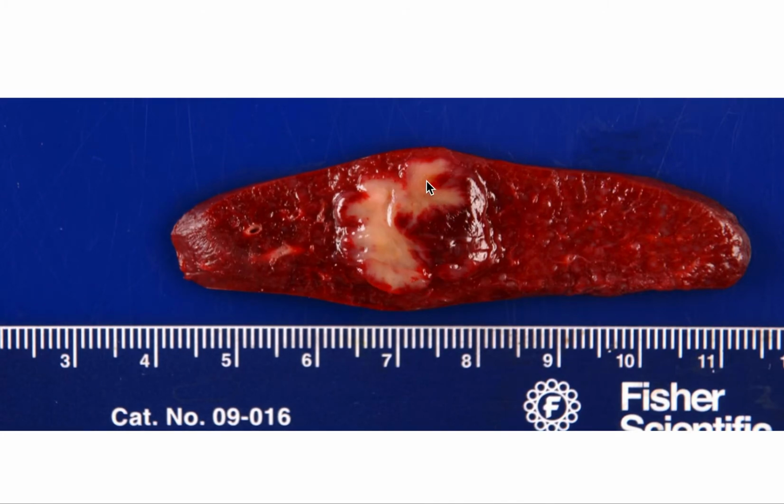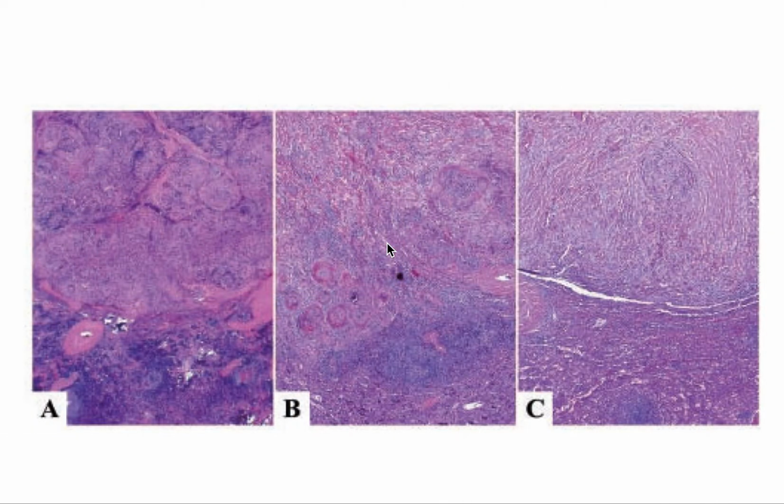Here's another here. These were cases described by our fellow Ashana Koreishi. She put together a series of these cases, but they're well circumscribed and they have this prominent white scar.